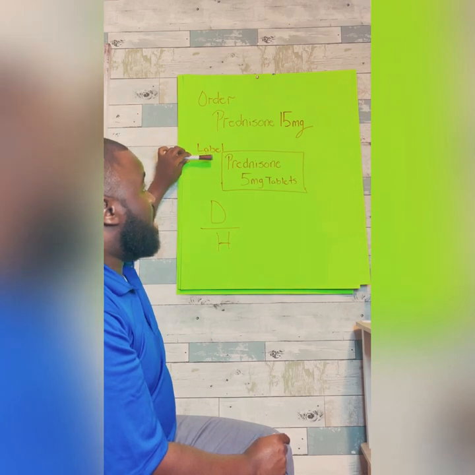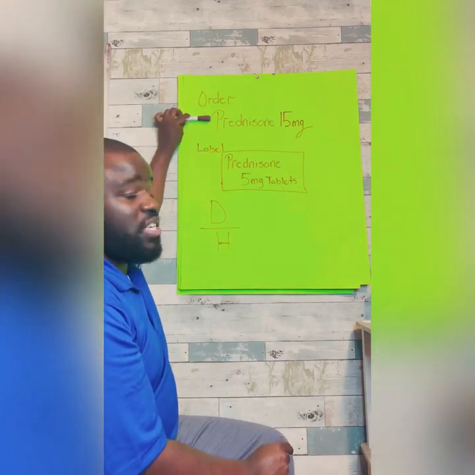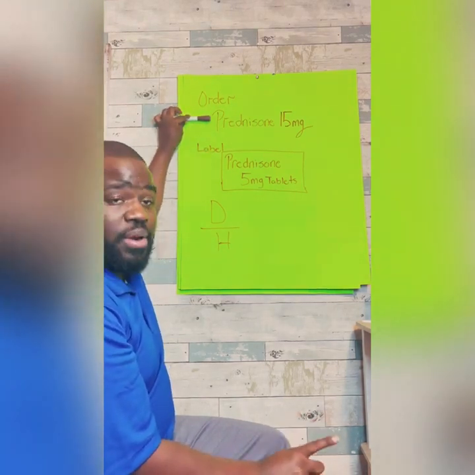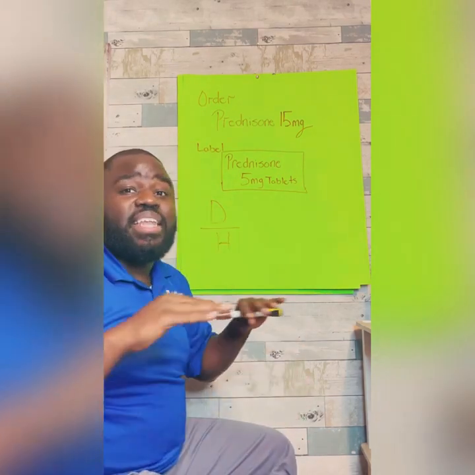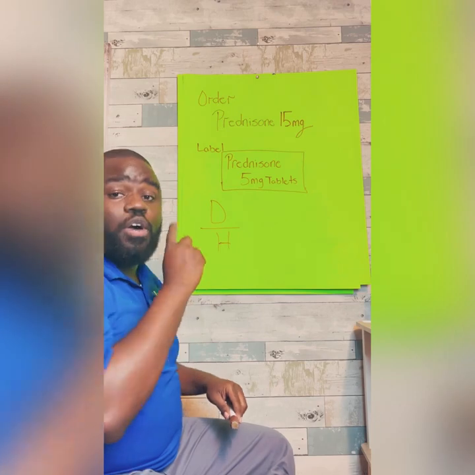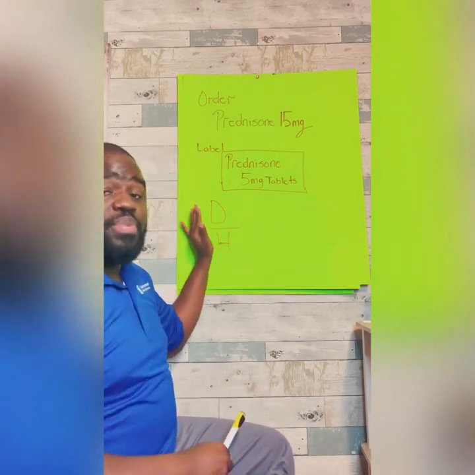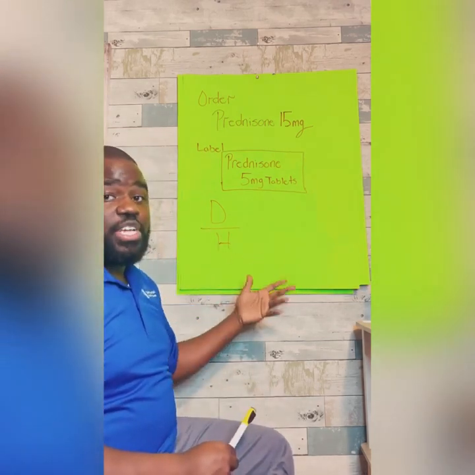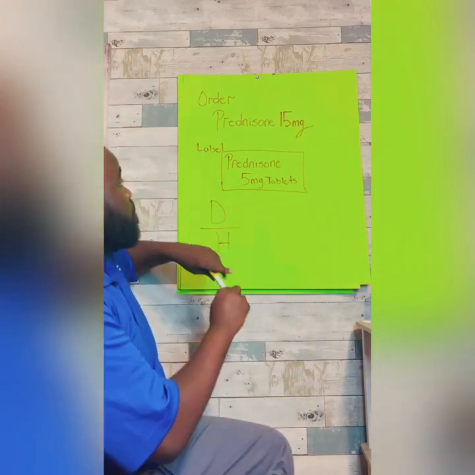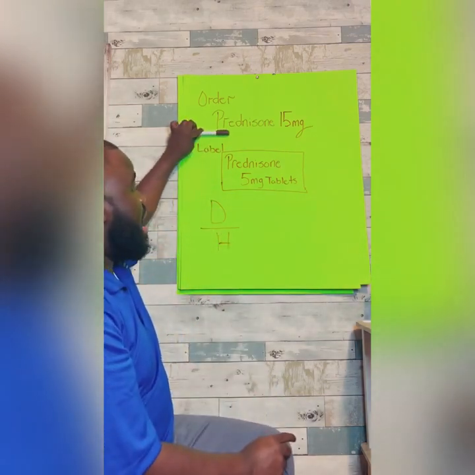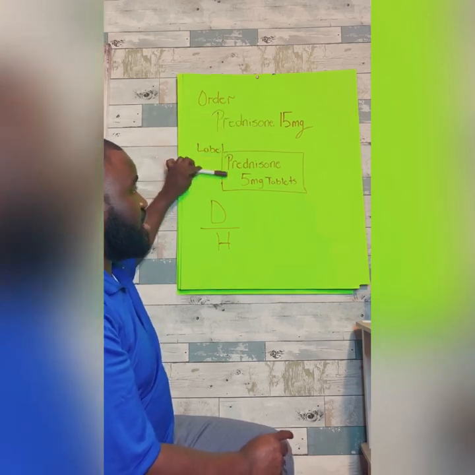If the order was azithromycin 250 milligrams and your label said prednisone 5 milligrams, that is an error. You're going to have to call the doctor back or tell the doctor that it's been a med error and he or she is going to have to change it. So first step, make sure that your order, the name prednisone, matches the label.